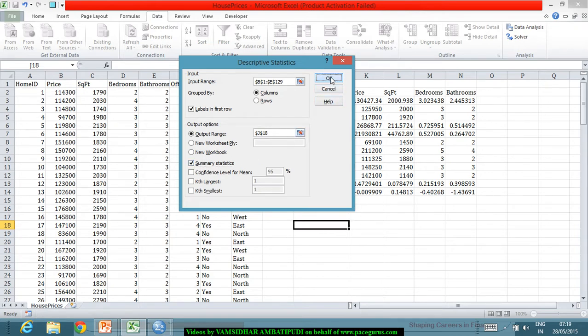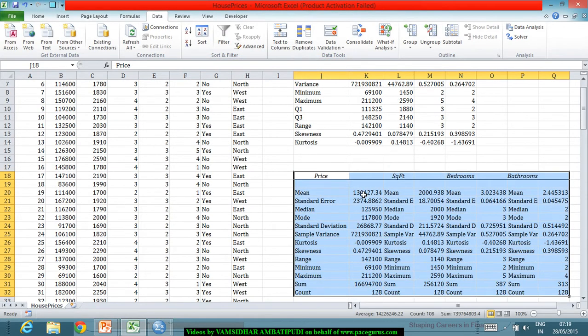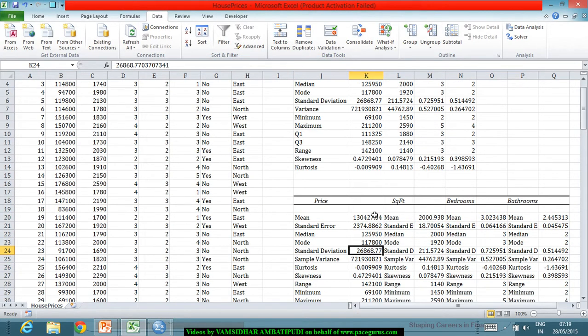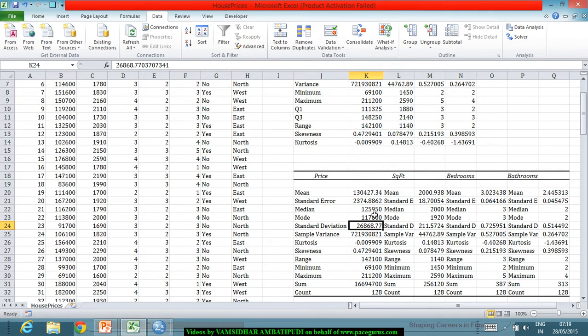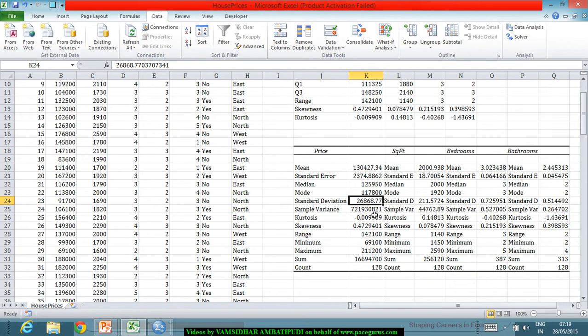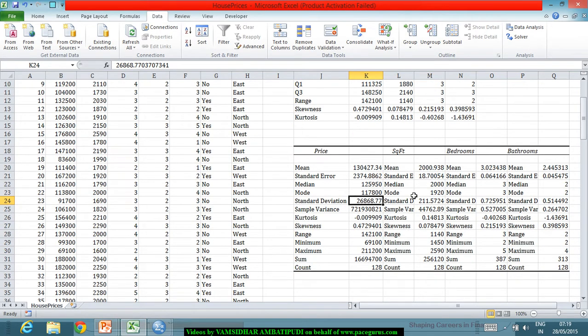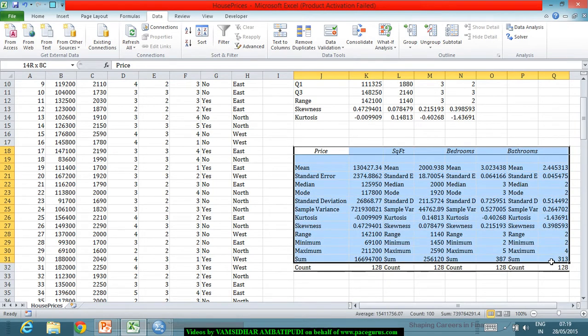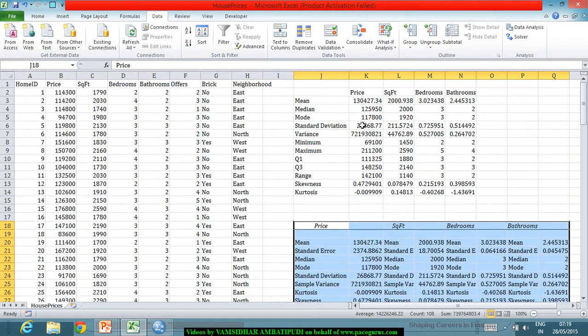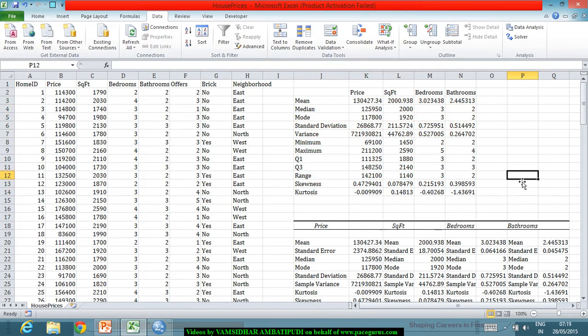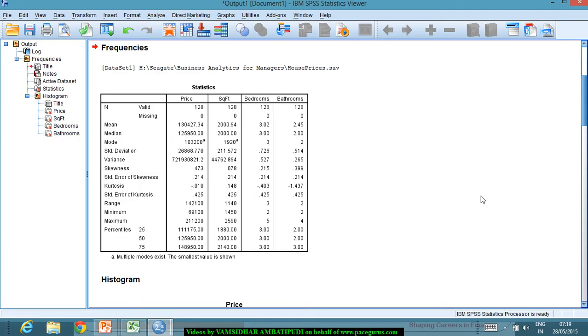So if I am looking at this, I get the same: the mean, the standard error, median, mode, standard deviation, kurtosis, skewness, range, all these things are coming out even here as well. But let me tell you, this is not dynamic, whereas this is more dynamic. But whatever it is, here our focus is on the interpretation aspect, not much on the generation aspect.